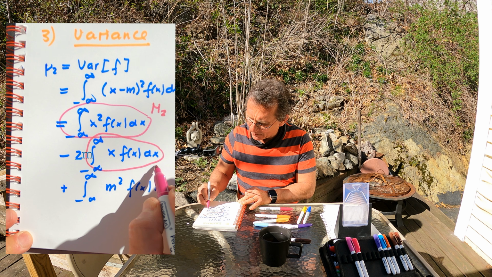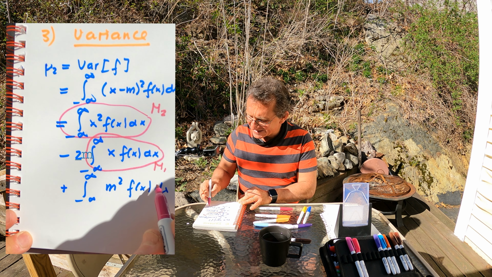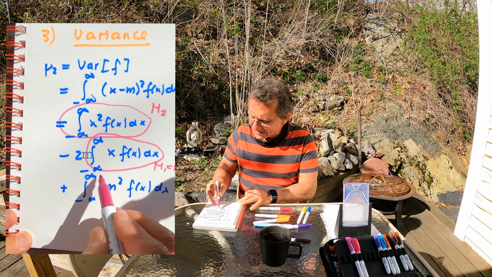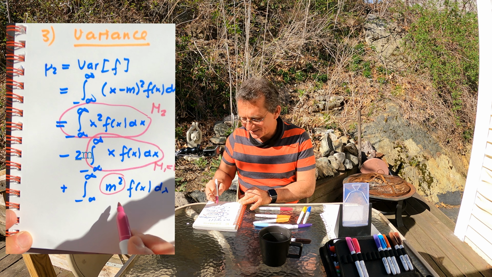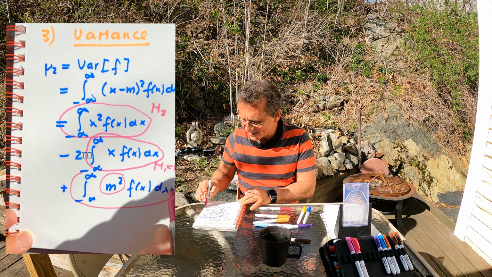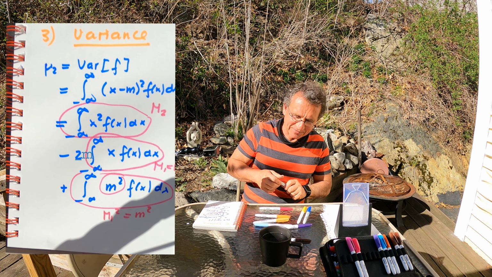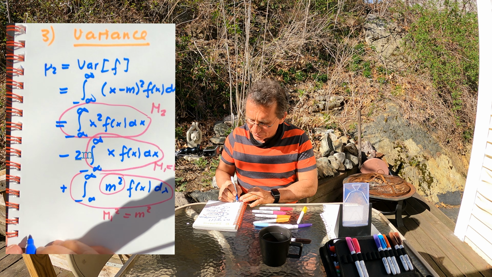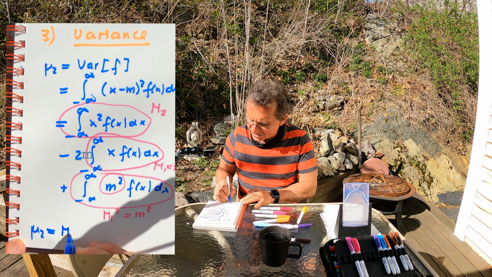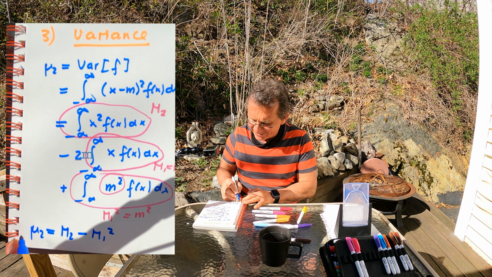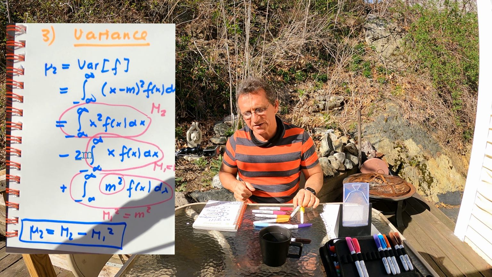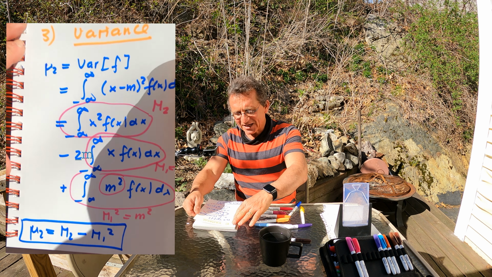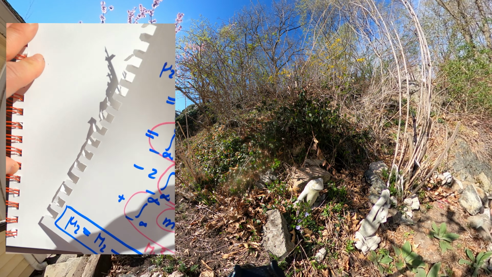That was m1, and that's just m, the mean. We can take the m out, and if we take that m out, we get just m squared. So that whole thing also is m squared. So this is m1 squared, which is m squared. And so we see that the variance has this nice formula. mu2 is actually just m2 minus m1 squared. So it can be expressed using just the second moment and the first moment. So that's a useful formula.